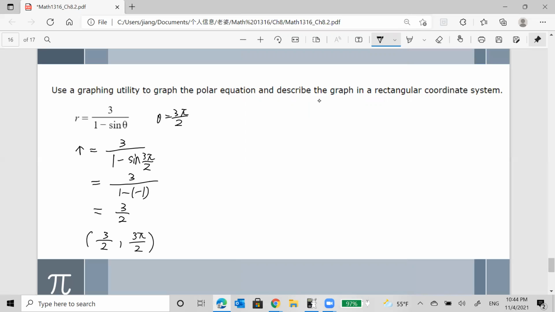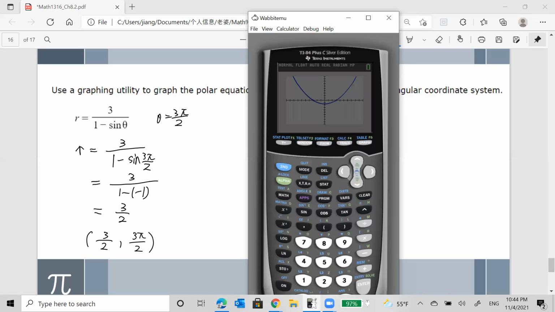How about in the rectangular coordinate system? Look at the graph. I only described the vertex here in the rectangular coordinates. This point means the x value is 0 and the y value is negative 3 over 2, because I know the distance from the origin to here is 3 over 2. That means if this is the y-axis, the value must be negative 3 over 2. The x value is 0.